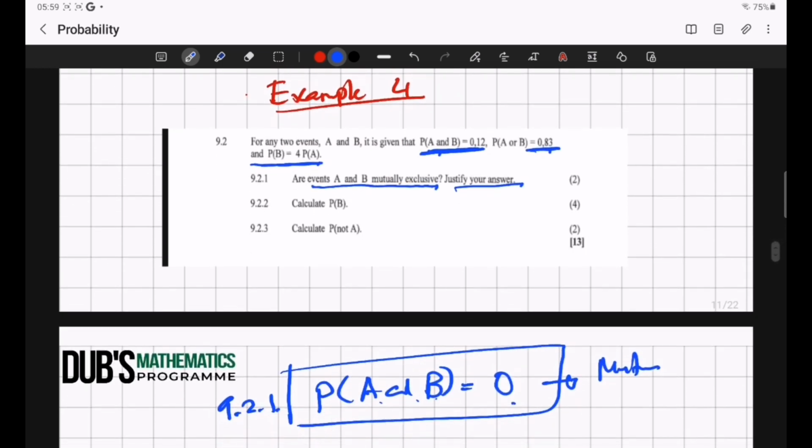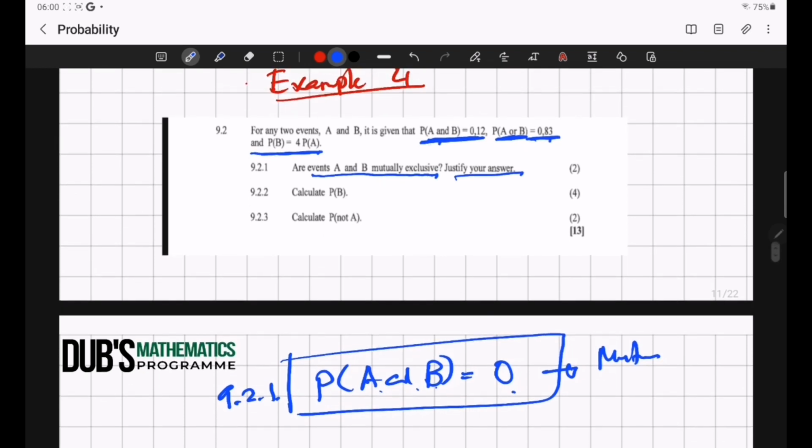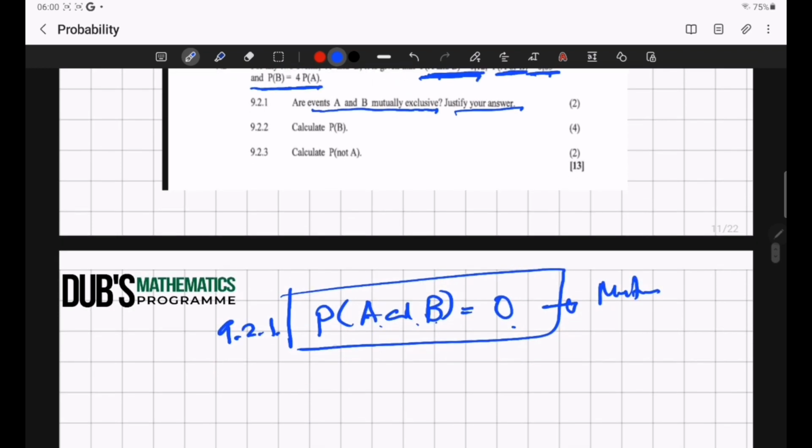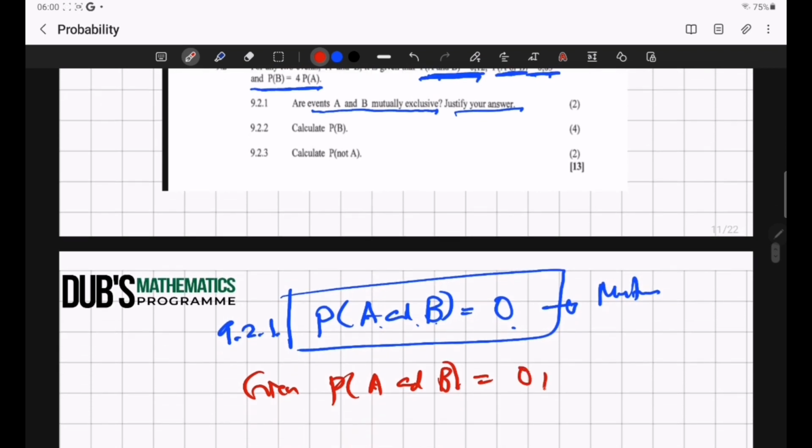How are you going to find it? We are given probability of A and probability of A or B, which means we can use them to find probability of A and B. In fact, we don't even need to do that because we are given that the probability of A and B is 0.12.